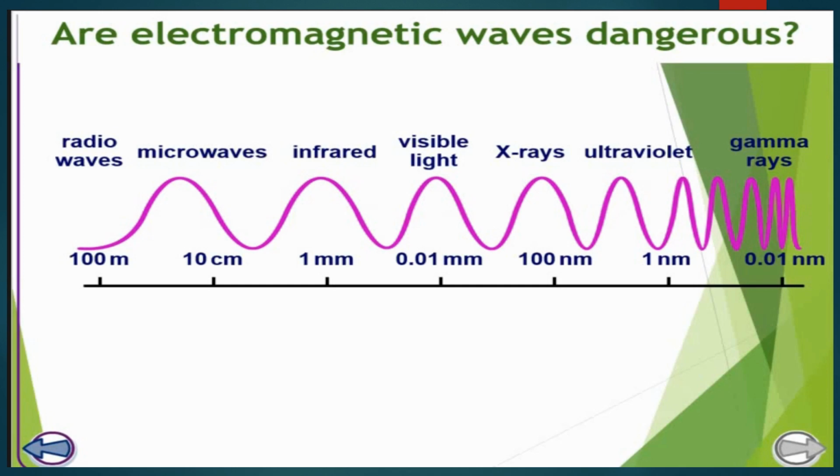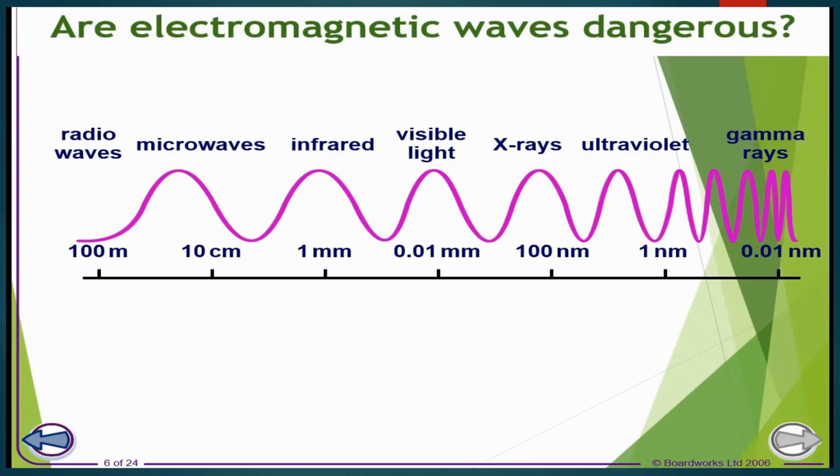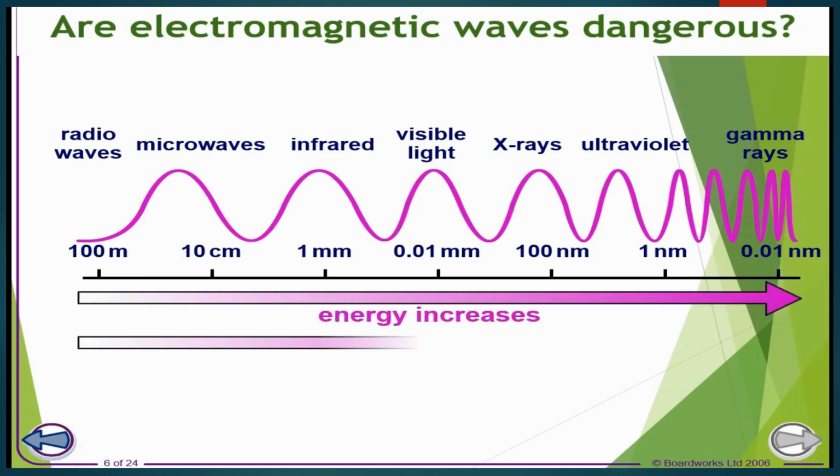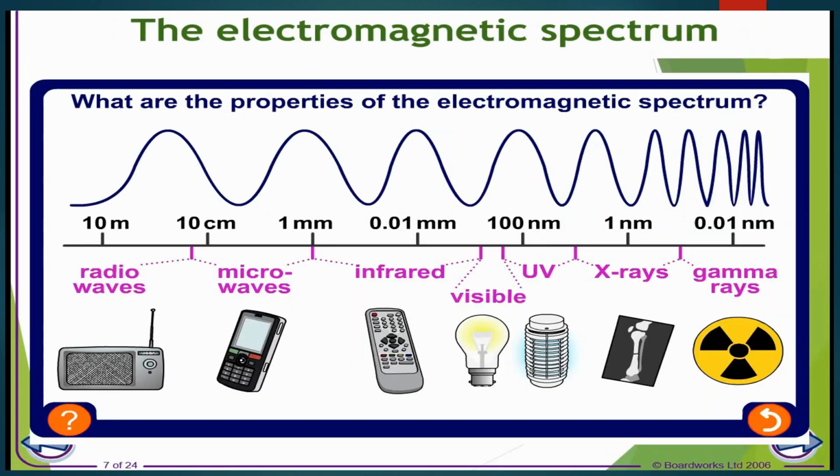Meaning to say, radio waves have a longer wavelength compared to gamma rays, and as the wavelength decreases, the energy increases. And as the energy increases, the hazard also increases.